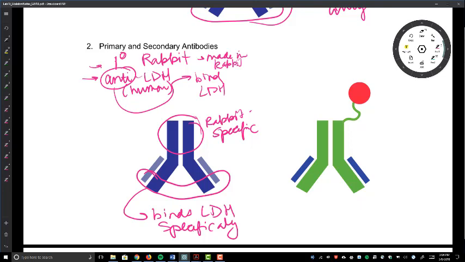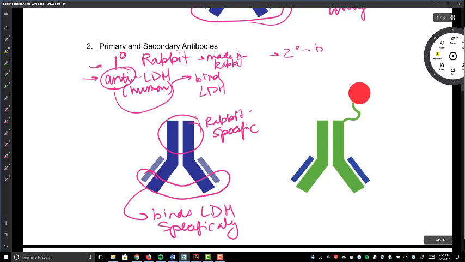The way that we do that is by making a secondary antibody. And that means the secondary antibody binds the primary antibody. And this is a goat antibody.